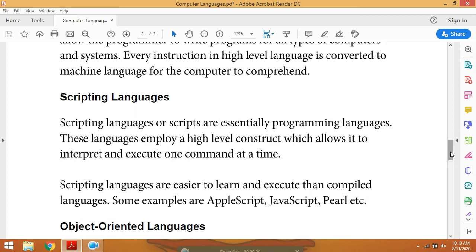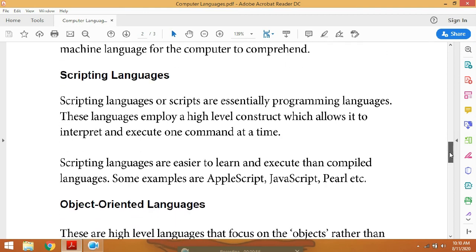Normal scripting languages are CSS and JavaScript. They are not executed independently. They require some framework to run. They need some setup to run. That's why they are called scripting languages.